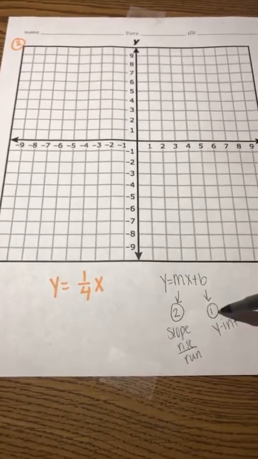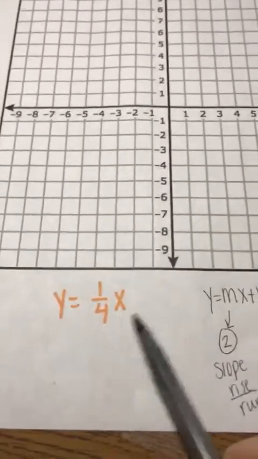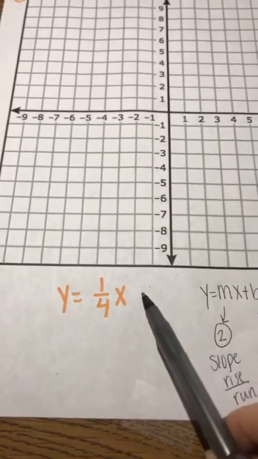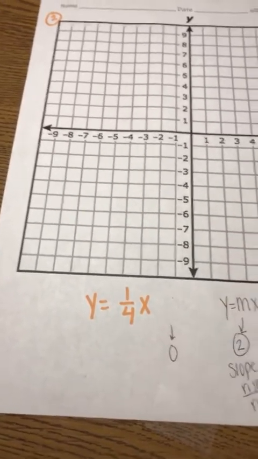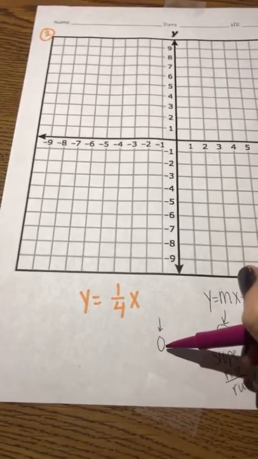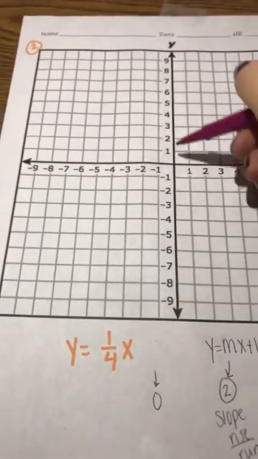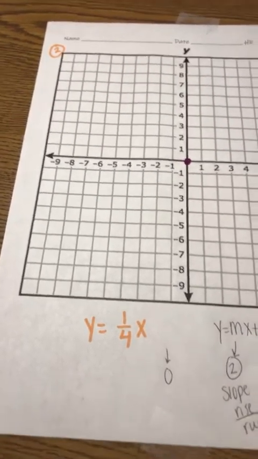The very first thing to do is find whatever's not attached to the x. I see here that there's nothing over here. In math, when there is nothing, we just use the number 0. So in this case, the y-intercept will be 0. On the y-axis, I'm going to put my first point at 0.